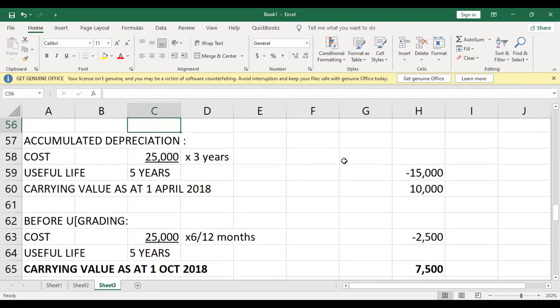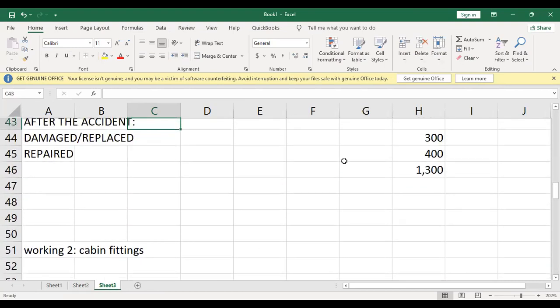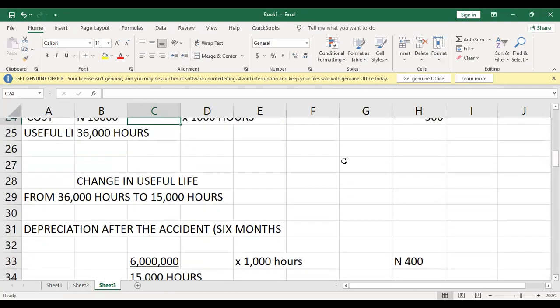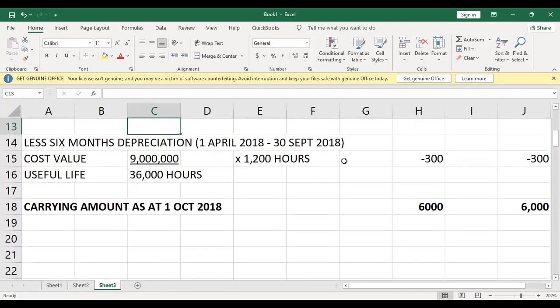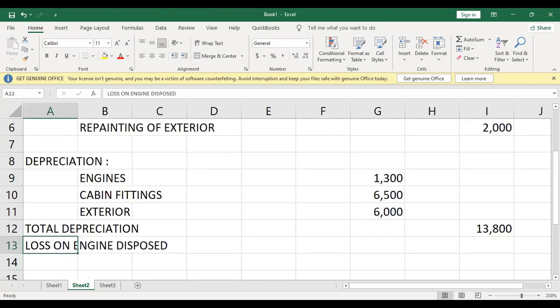Remember that the carrying amount of the engine was 6,000 as at when the accident took place. That's for engine 1. As at when it was damaged, the value of the engine was 6 million. So we had to dispose of it. So the loss on disposal is that 6 million.